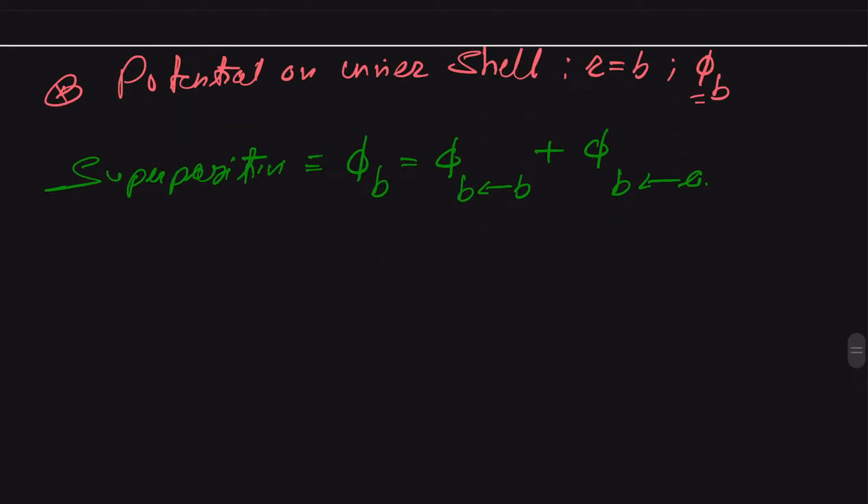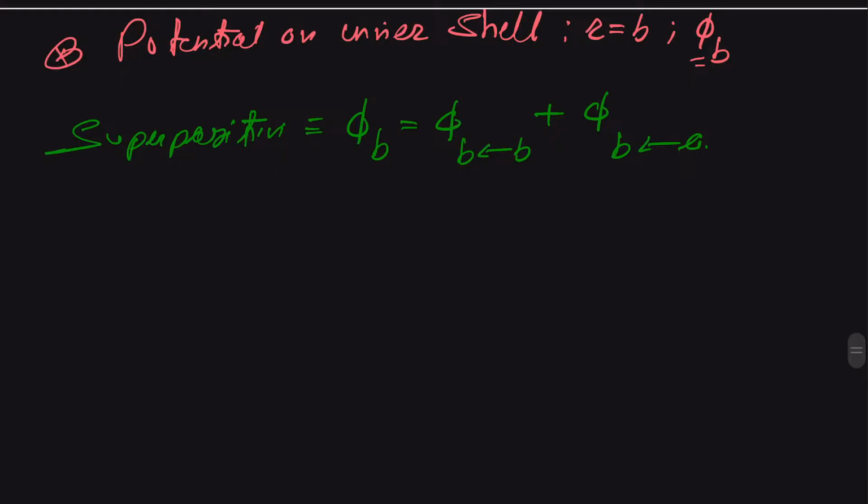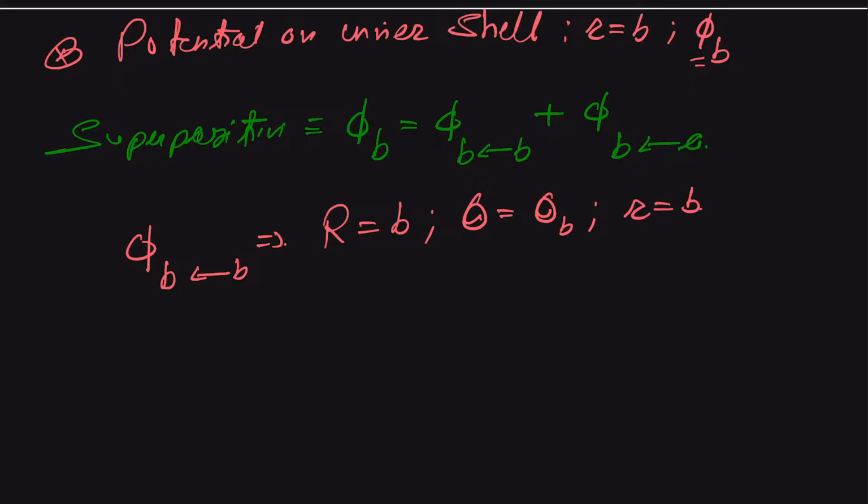Now, for the first part, that is our phi B to B, in this case our radius is our B, our charge is our QB, and this small r is our B. Once again, this capital R is the representation of the radius of the shell which we have taken, and this small r is the representation of where we are going to find out the potential.